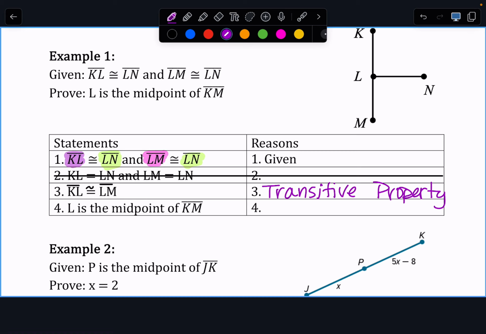And if KL is congruent to LM, and those 3 points are collinear, then how do we know that L is the midpoint of KM? Definition of midpoint.